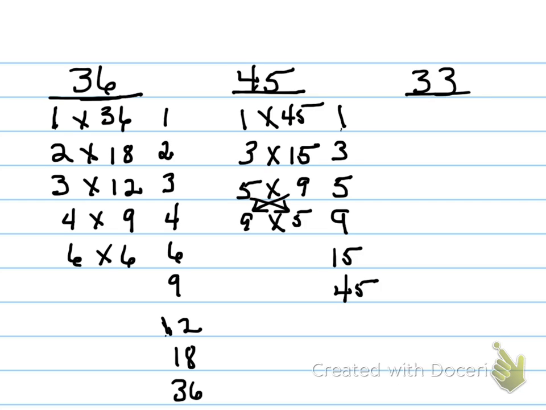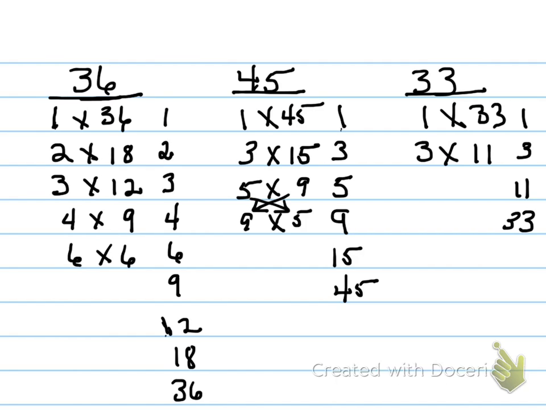All right, how about 33? Well, I know that 1 times 33 equals 33. I can't multiply anything times 2. Oh, look, 3 times 11 equals 33. I can't think of any other multiplication sentences. 4 times, 5 times. I think I found all of them. So the factors of 33 would be 1, 3, 11, and 33.